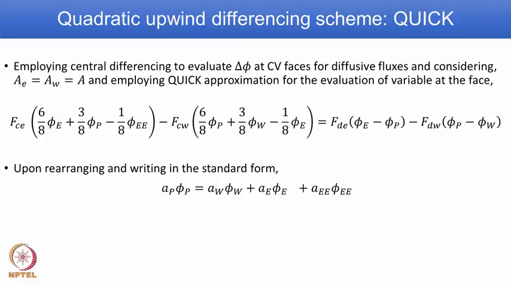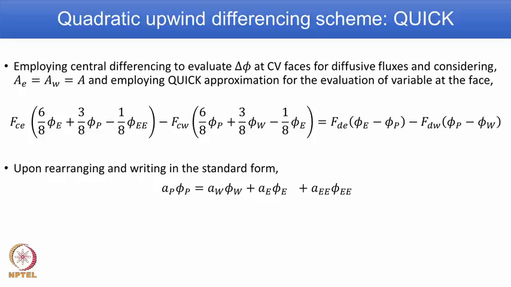Again we can rearrange: phi at P appears in all those terms, and you collect all those coefficients and arrange them together in the standard form, which is now written here as AP phi P equal to AW phi W plus AE phi E plus AEE phi EE. So, this is for the case when the flow is from right to left, and we have already seen separately the flow from left to right.